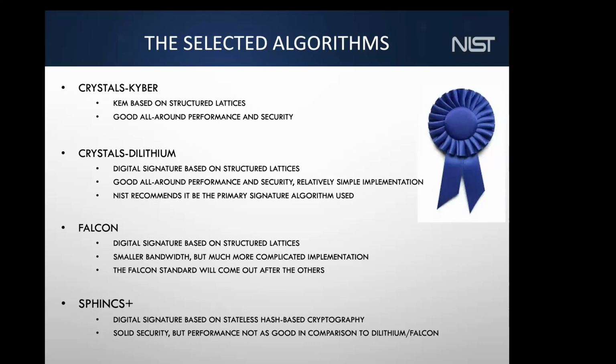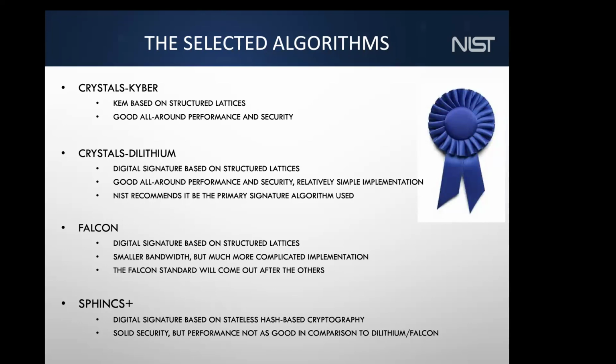Dilithium is a little bit bigger than Falcon, but it's simpler to implement, and Falcon has a really complex implementation. So some applications may need the smaller signature that Falcon has, but the complicated implementation that needs floating point arithmetic and Gaussian sampling might be better served by using a simpler implementation if you can handle the slightly larger signatures with Dilithium.